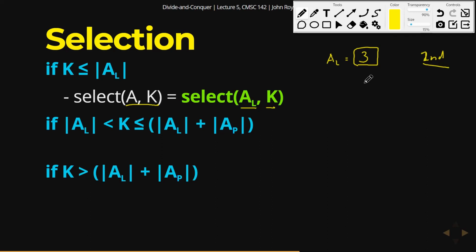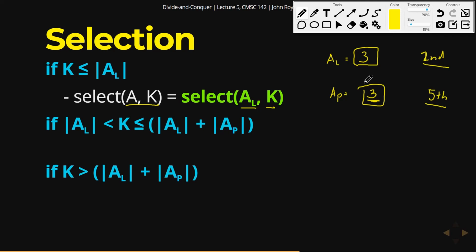However, if you're already exceeding A sub L, so let's say that you're looking for the 5th one, and let's say that A sub B also has 3. If you're looking for the 5th, you're sure that you can't find it in A sub L because it's not enough. There's only 3 here. So can it be found in A sub B?